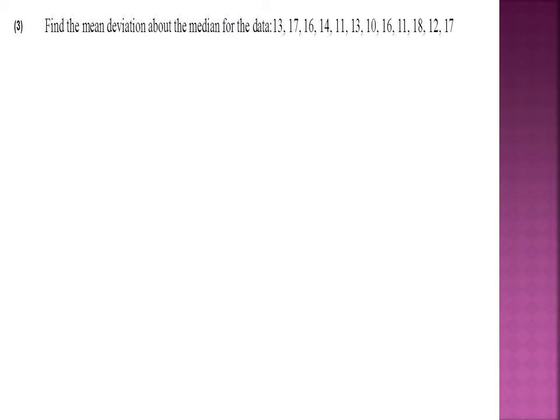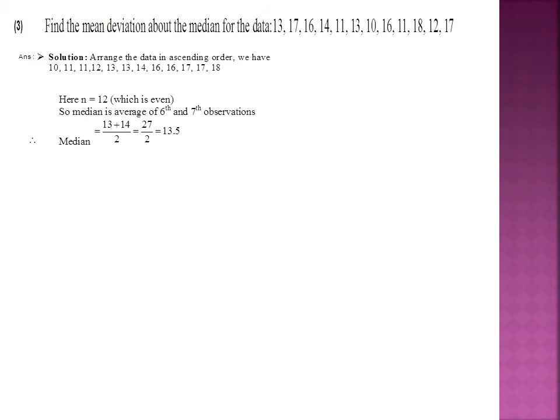For that, arranging all the observations in ascending order. The minimum is 10, then 11 two times, 12, then 13 two times, then 14, 16 two times, 17 two times, 18. Now here n equals 12, that is even.